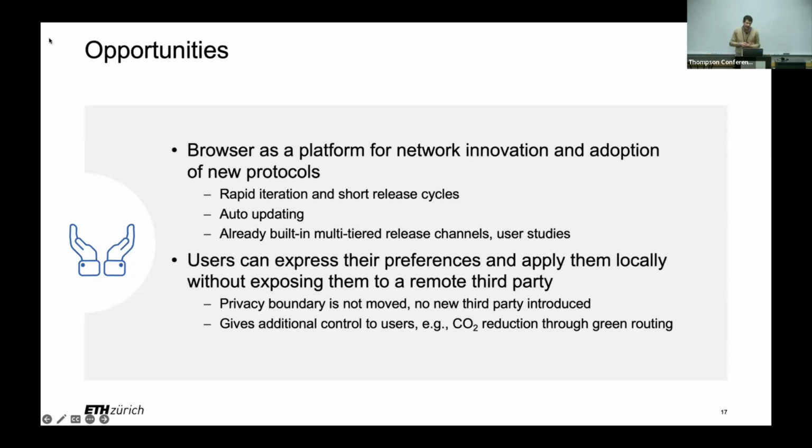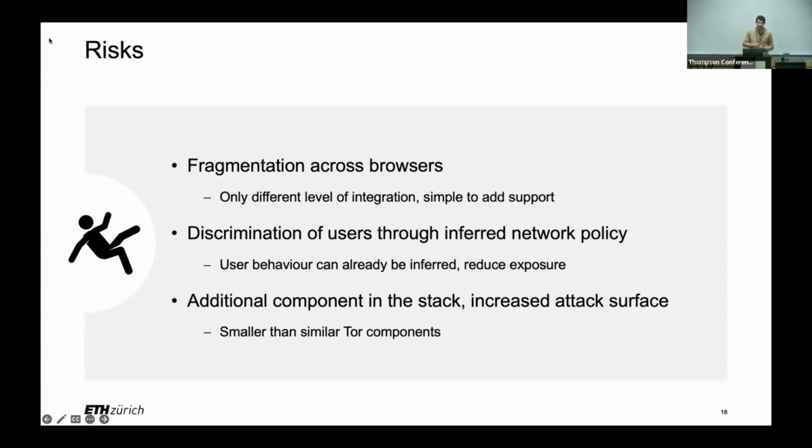One really exciting direction we're looking into is CO2 reduction through green routing, and essentially selecting paths also based on the carbon footprint of the path. If you are excited or if you have doubts, come talk to me about this. There are quite some surprising aspects in these things.